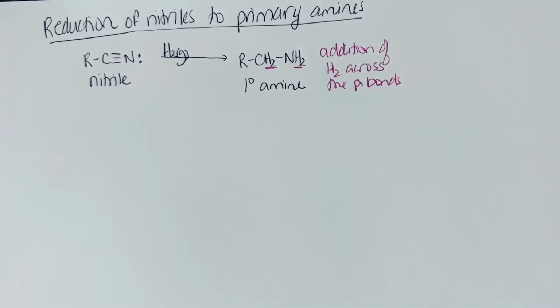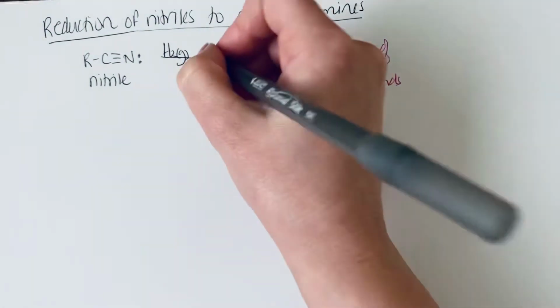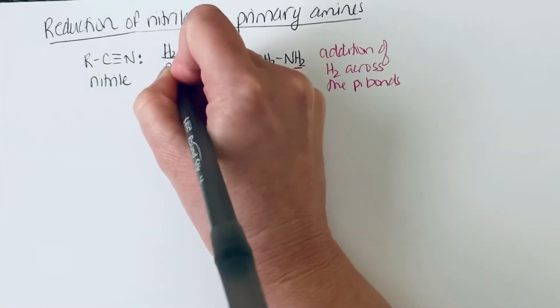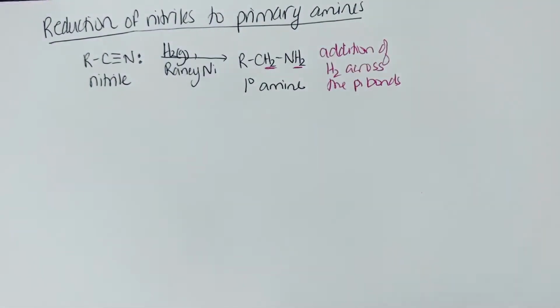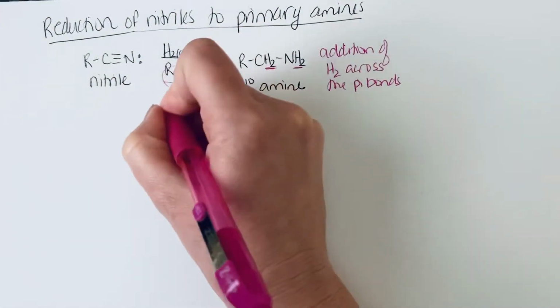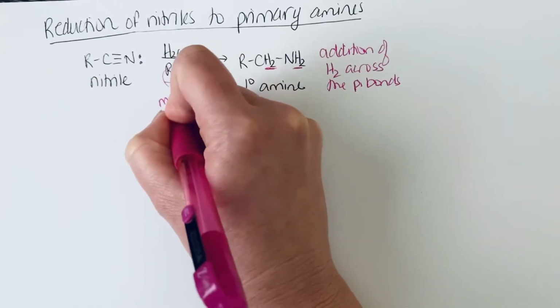For the nitrile, this will be a little bit easier if you use a more reactive metal catalyst, and one that can be used is called Raney nickel. So this is just a more reactive metal catalyst.